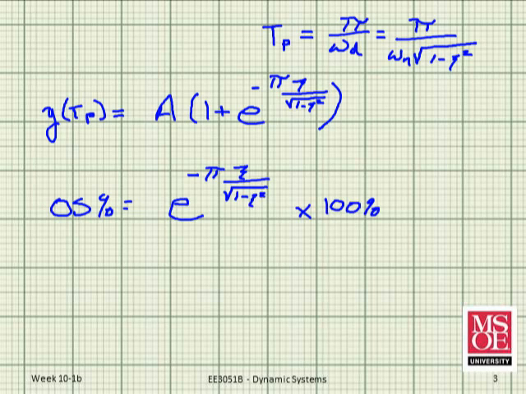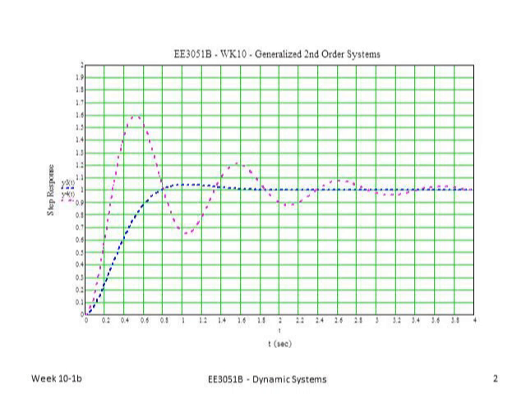This equation can be found on page 180 in your text, and this is equation 4.36. If we apply this to the two different systems, recall zeta for the third system was equal to 0.707. We end up with a percentage of overshoot for the third system of 4.32%, which is the actual value, whereas I originally estimated about 5%.